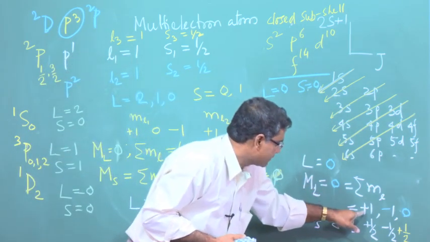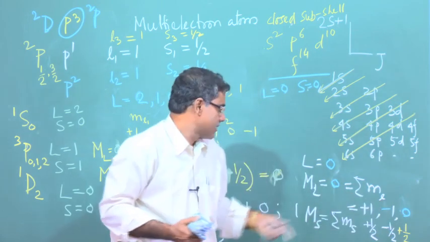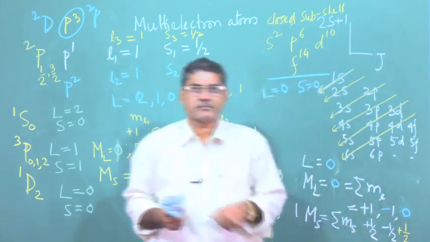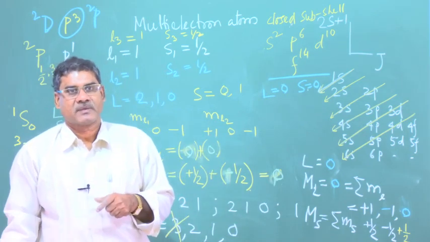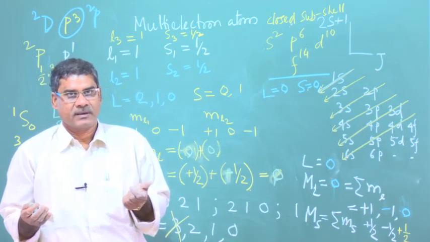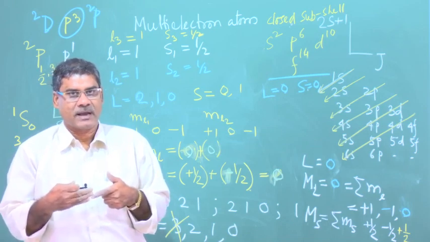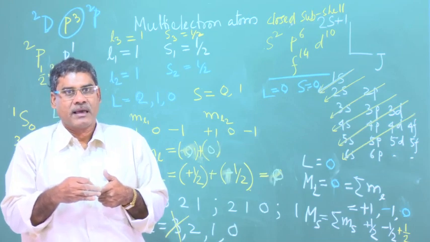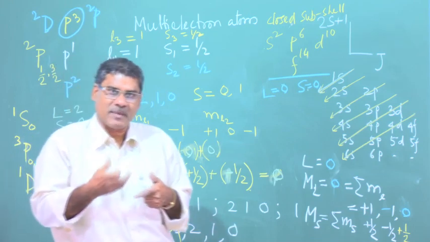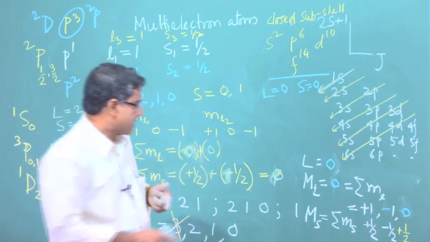Here you see these 3 are different: plus 1, minus 1 and 0, the ML values are different. So, I can take the S value same, because I have to take the summation over ML or MS, and generally we try to take the maximum value.